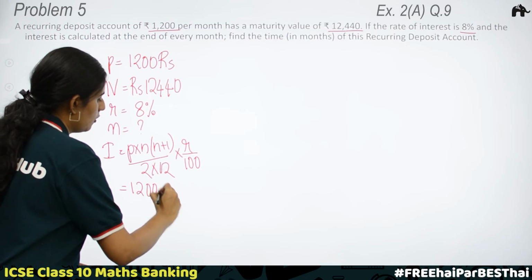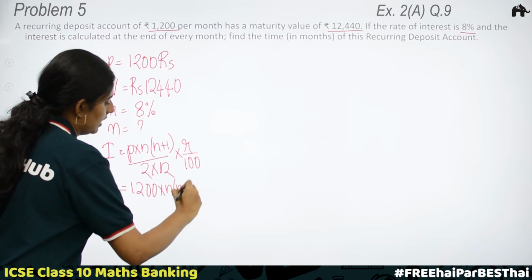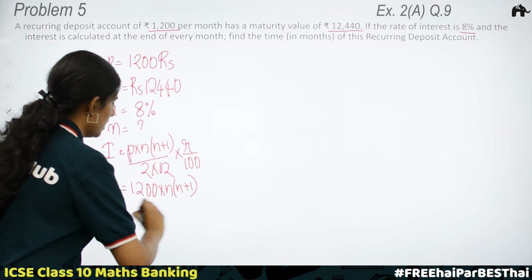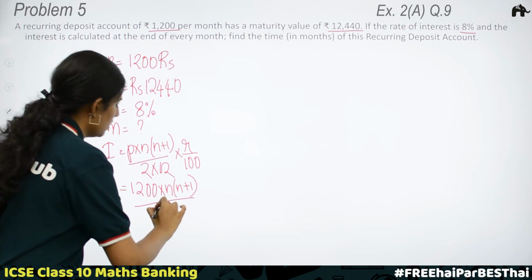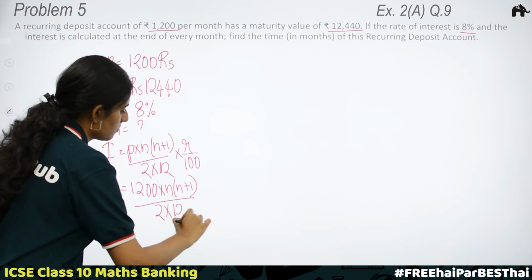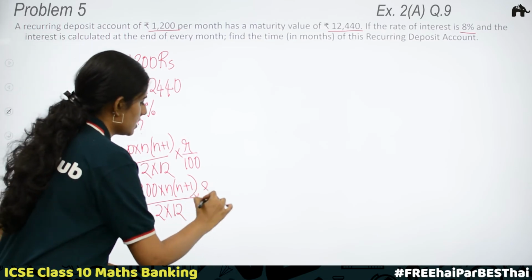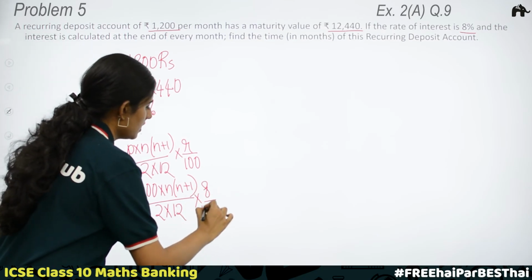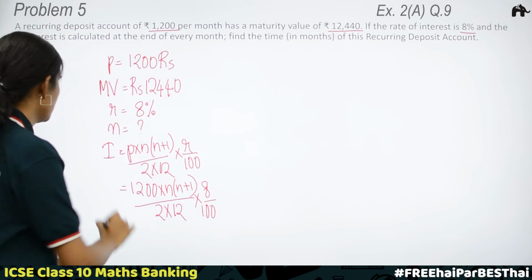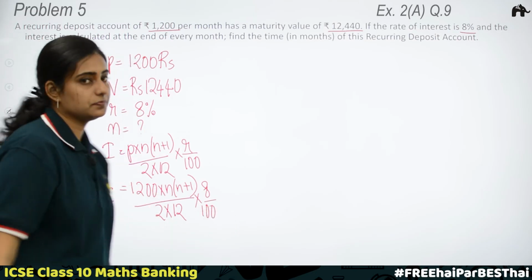We don't know the value of N. So, N into N plus 1 divided by 2 into 12 into R by 100. R is equal to 8. 8 divided by 100 is the interest.